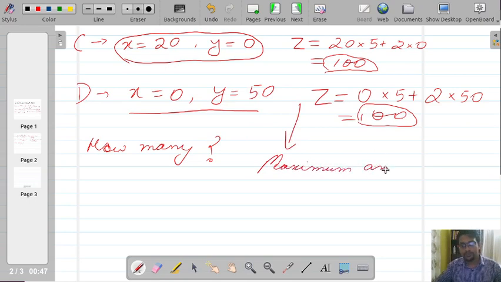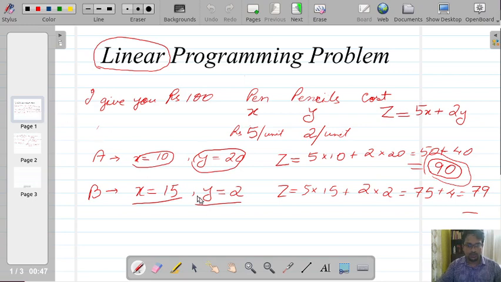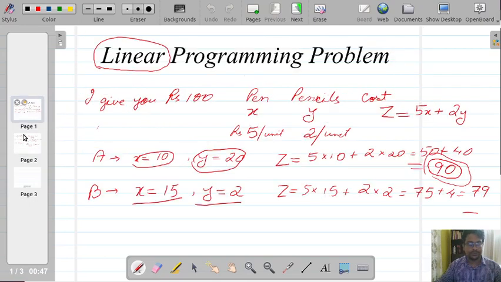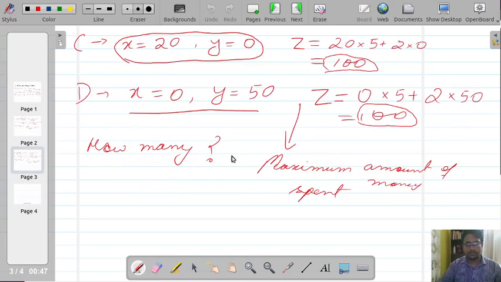So that is the difference. In the earlier two cases, the maximum amount of money has not been spent. Even then that is a solution. But here the maximum amount of money has been spent. This is also a solution.